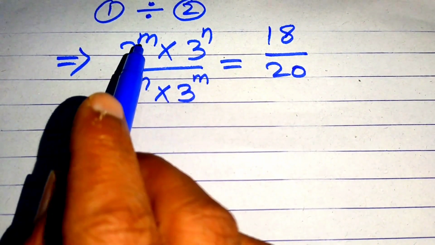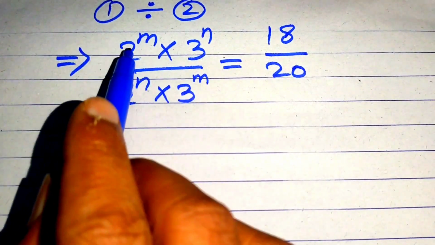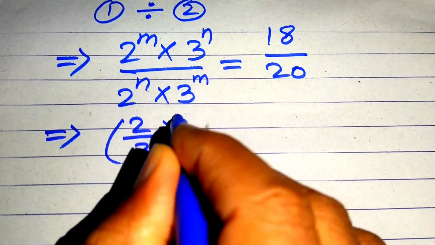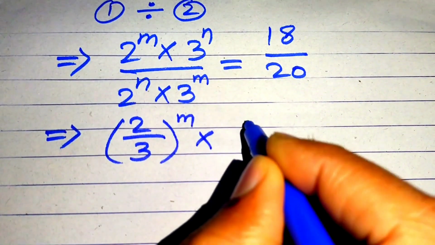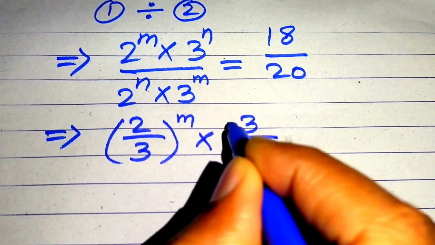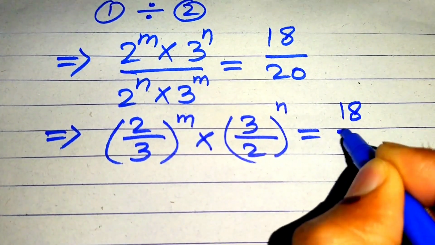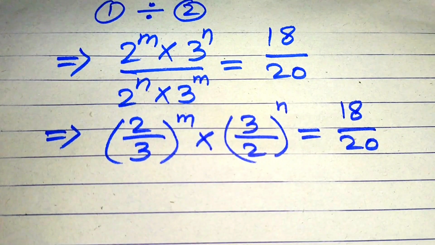So we have the same exponents m and n, so we combine these two exponents and we write it as (2/3)^m multiplied by (3/2)^n equals 18/20.